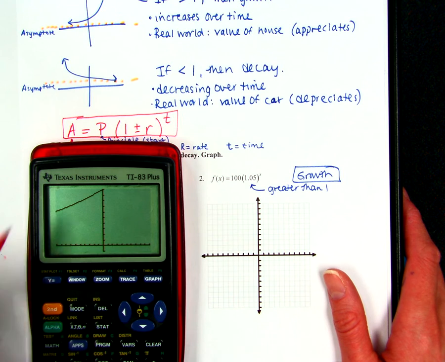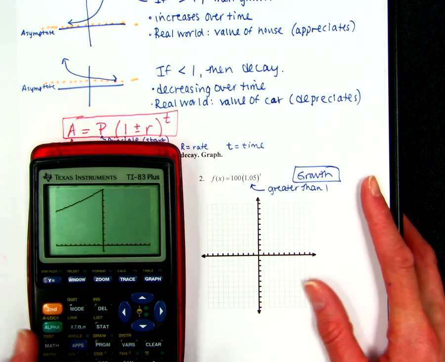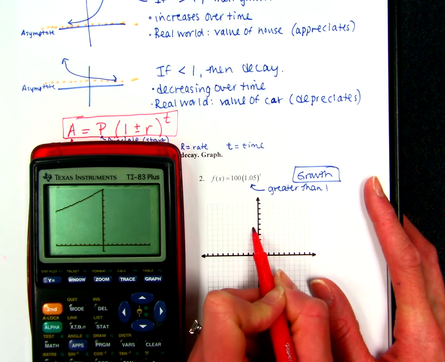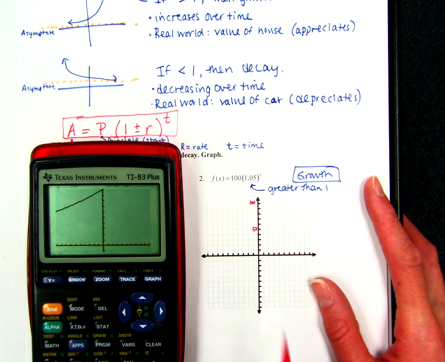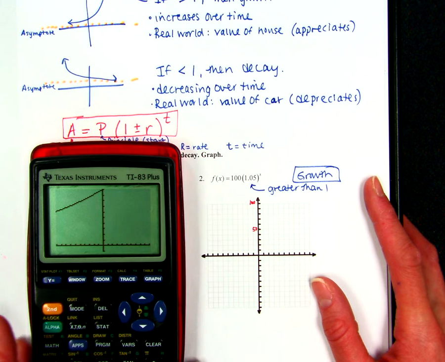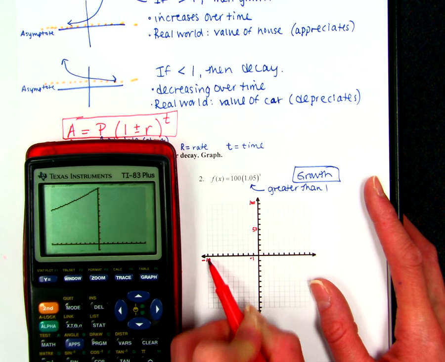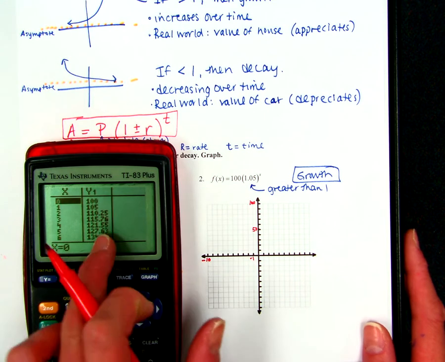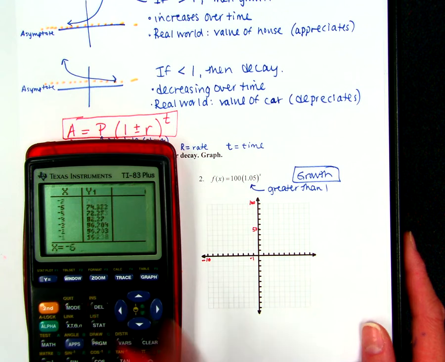Now you'll be able to see a little bit more. These are counting by tens, so this is 50 and this is 100, and the x values can still count by 1 to 10. Now I'm going to go to my table, and we don't want these numbers because they're too big, so we want the ones with negative x values.